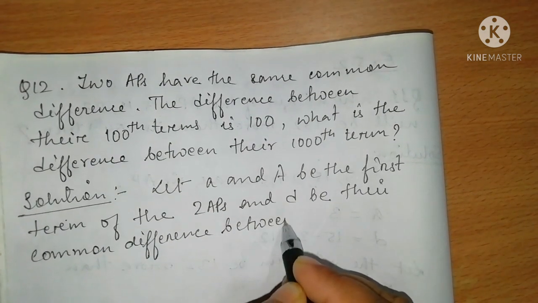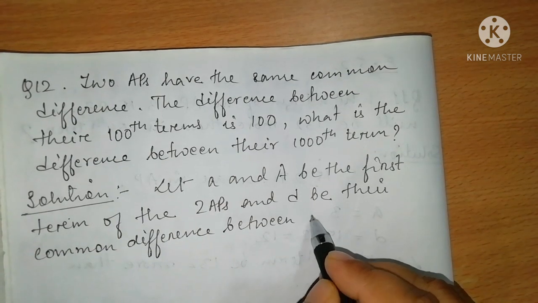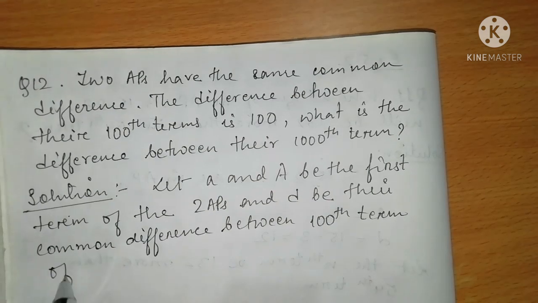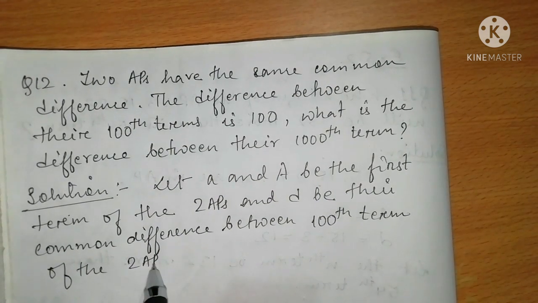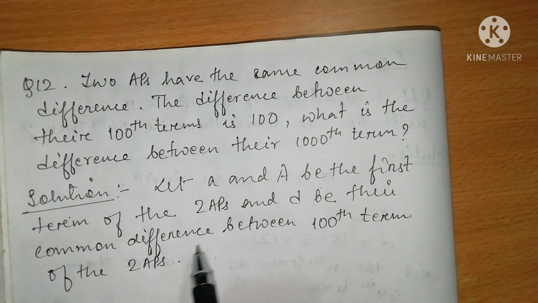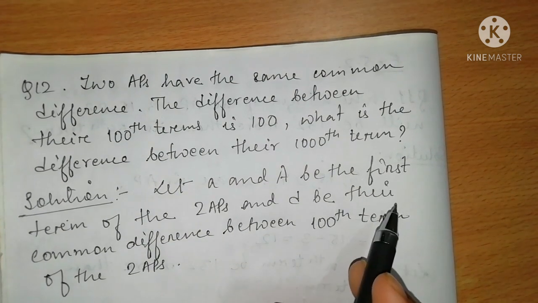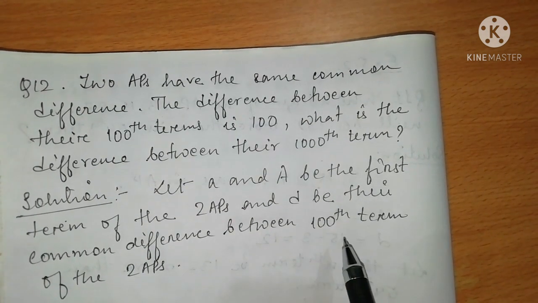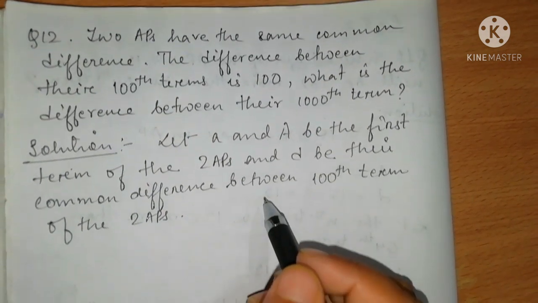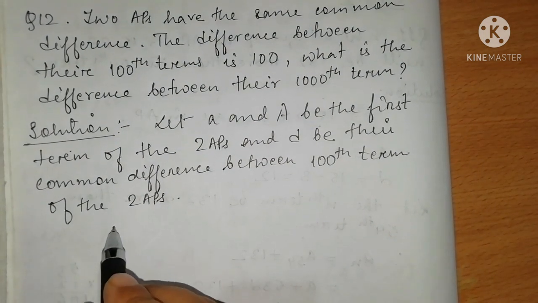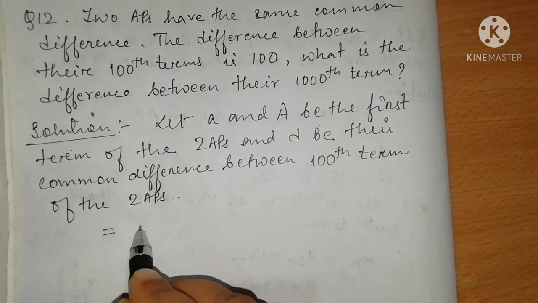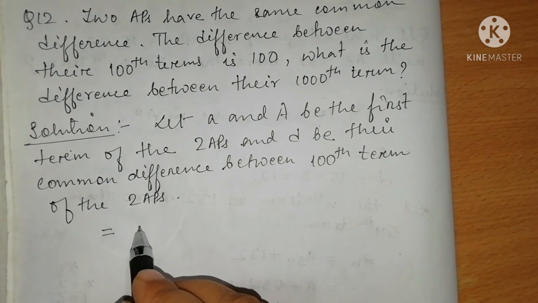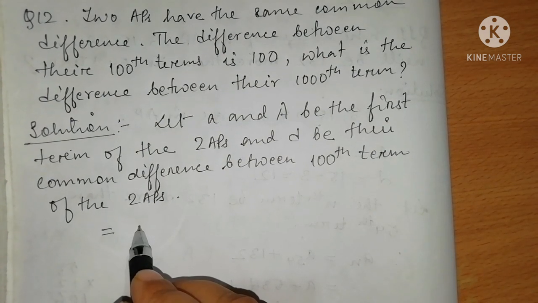The difference between the 100th terms of the two APs is given. So the 100th term, in general form a_100, will be equal to a plus (100 minus 1) d.